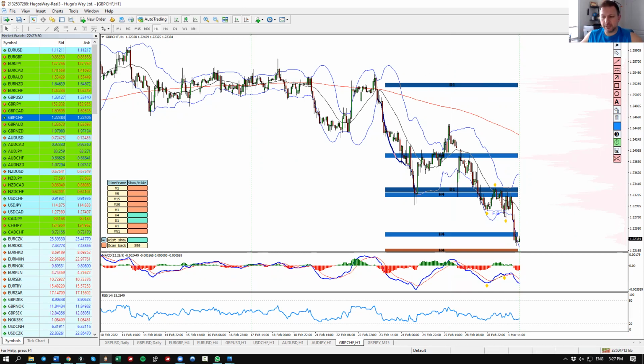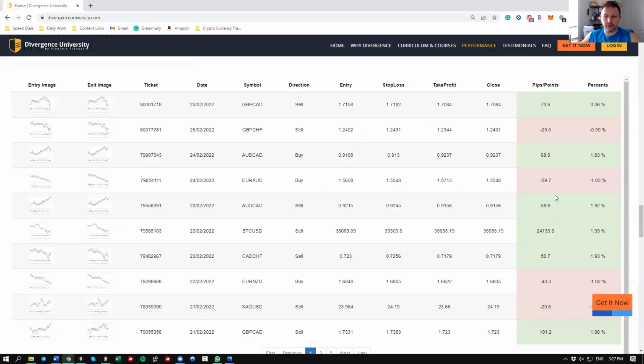And about the risk management, and that's the most important part here. You can see that also from the Divergence University trades. What I want you to remember here is there are two ways to make money. Okay, let's go very simple.